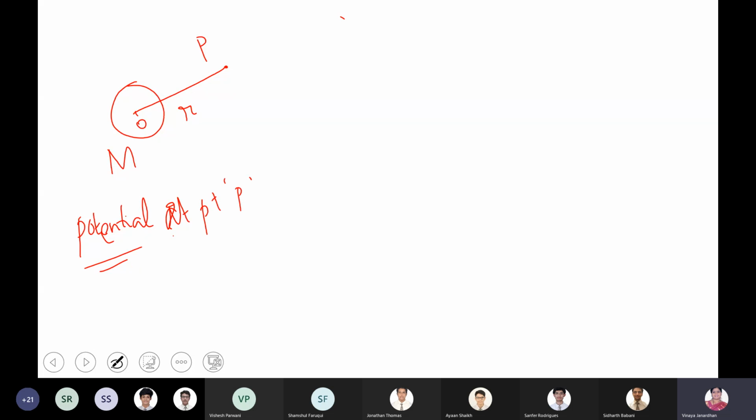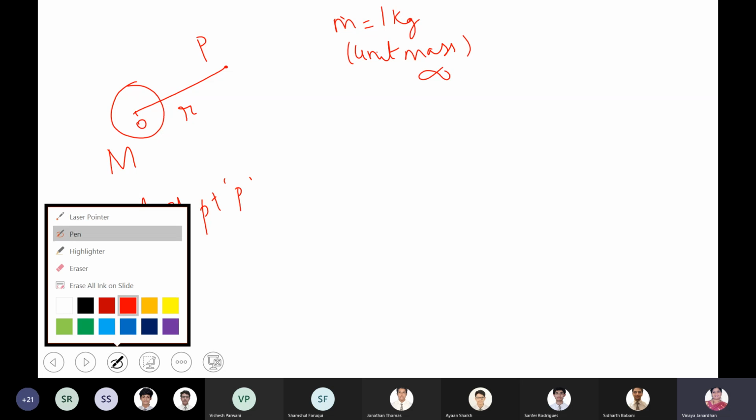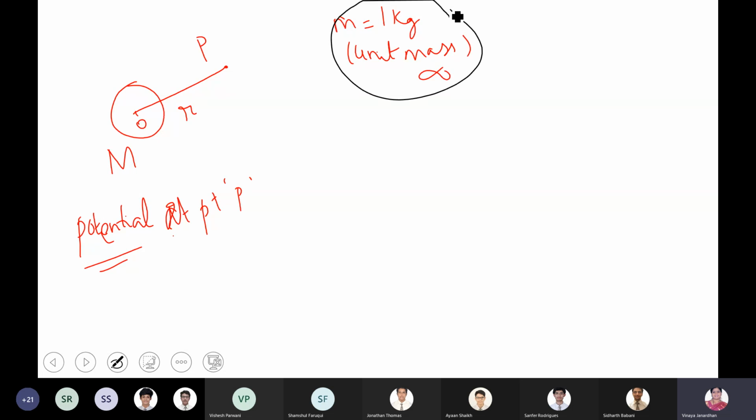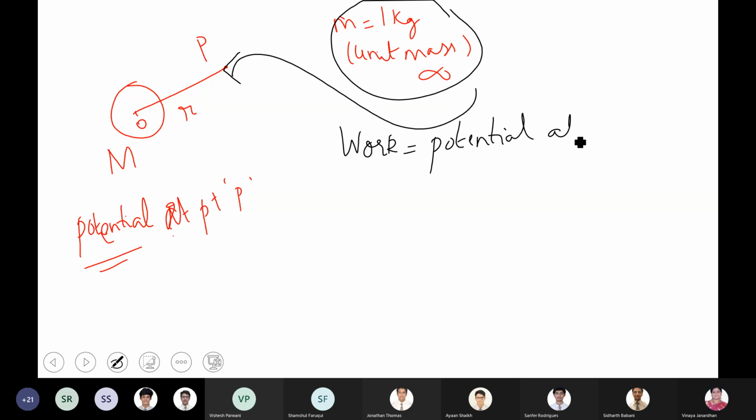For that, let me imagine a mass of 1 kilogram, a unit mass, placed at infinity. The work you do in bringing this mass from infinity to point P is a measure of the potential at point P, with respect to the gravitational field created by this mass m.